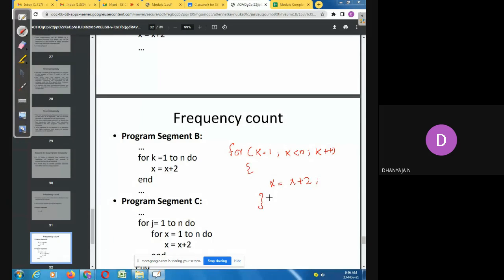Sahala, Albin, Anchita, Anujit, Gata: n times, n minus 1 times, n times, n times. Okay. Which statement will execute n times? That is my question. There are two statements, right?